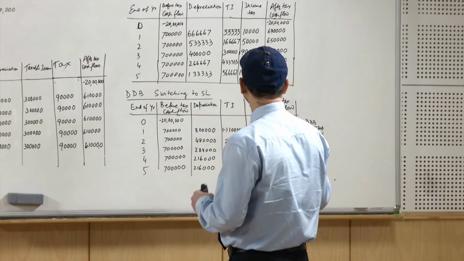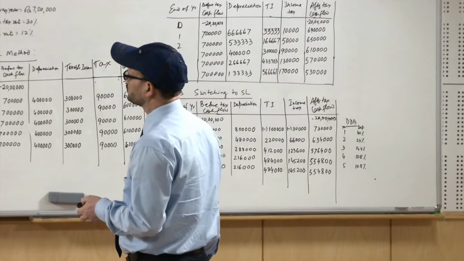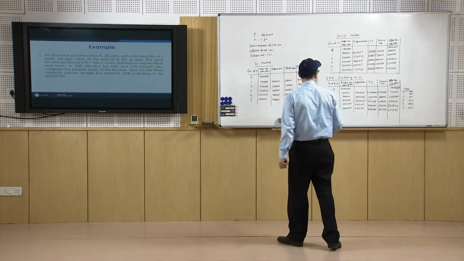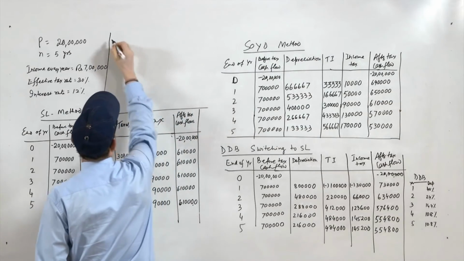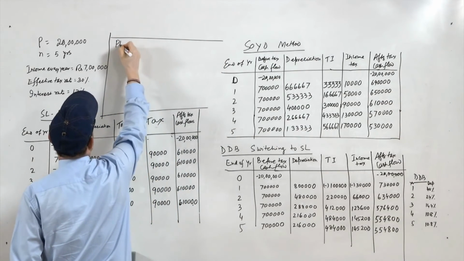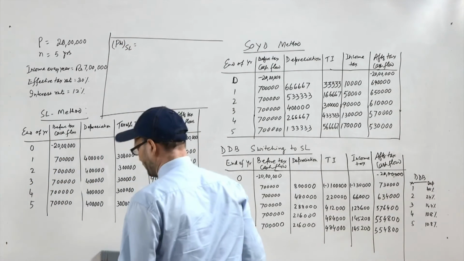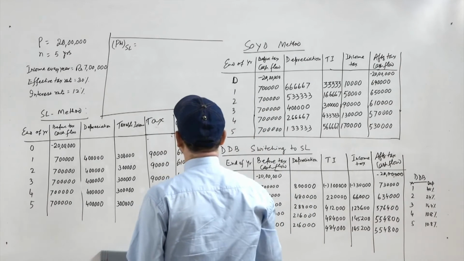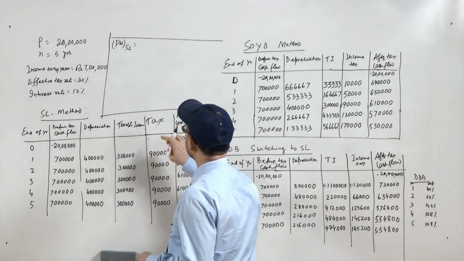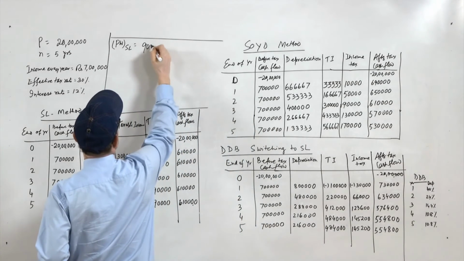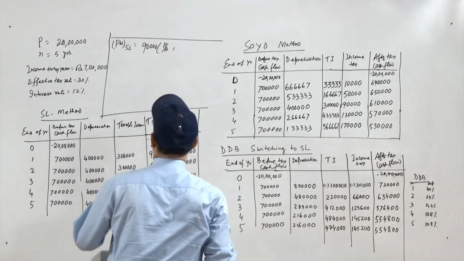Now we have to see what is the present worth of the income tax which is paid. So if we calculate the present worth of the income taxes using the three methods, present worth of income tax using straight line. You are paying the tax of 90,000 every year. So at 0 time 90,000 will be multiplied with P by A, and rate of interest is 12%.